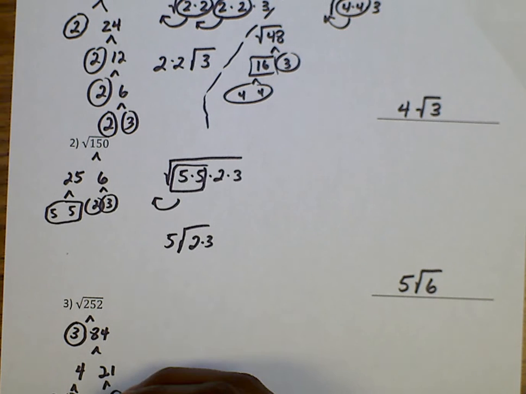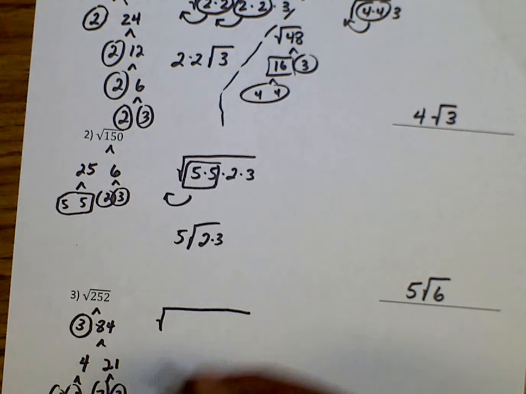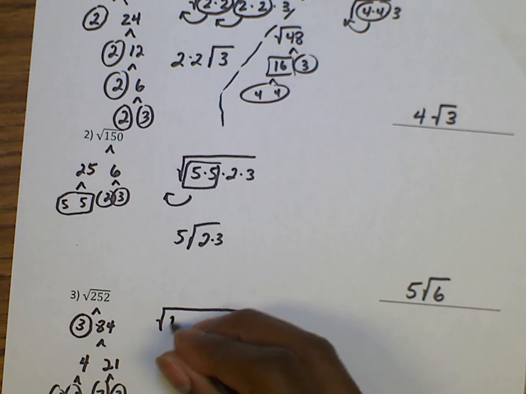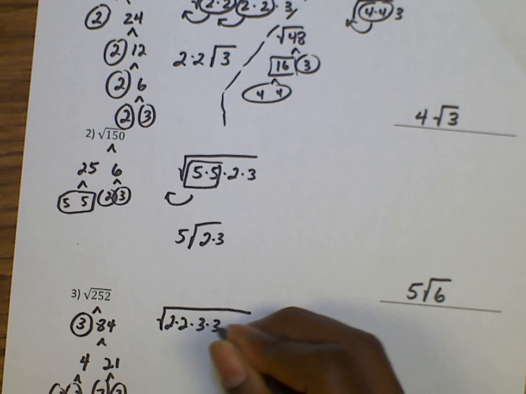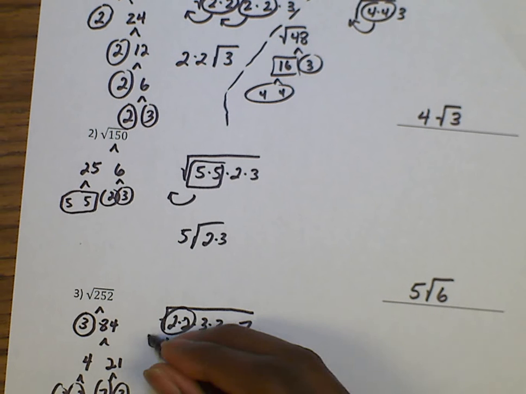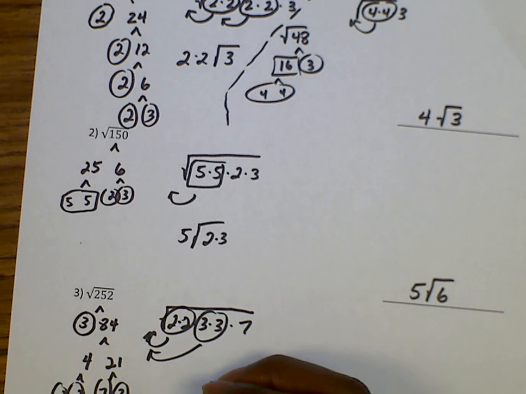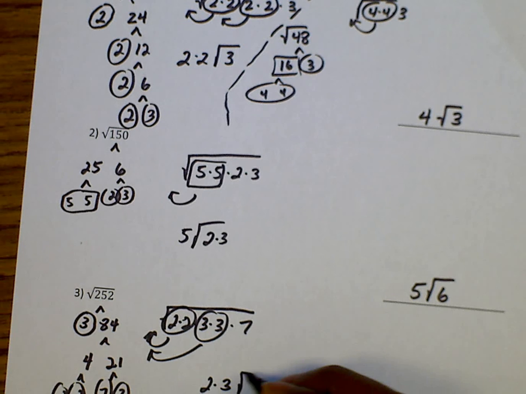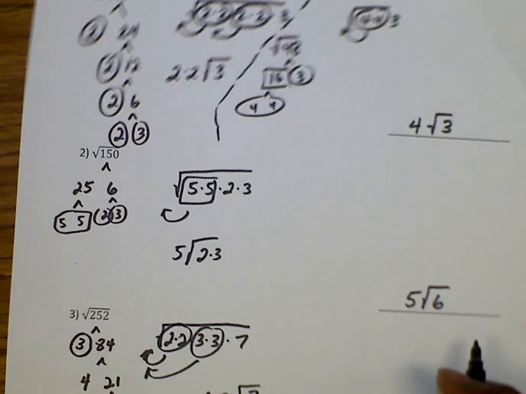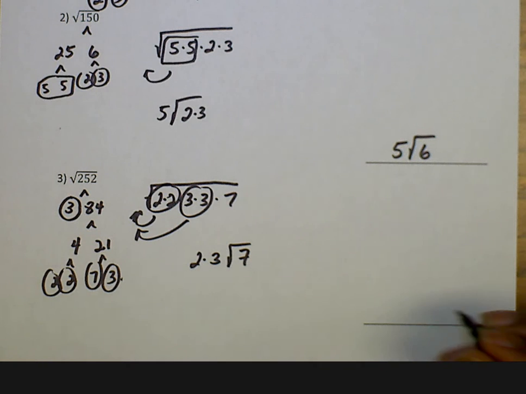Dead branches now. So as I look at all my circled branches, my dead ends of the tree, I've got 2 times 2 times 3 times 3 times 7. 2 2's, 2 3's, and a 7. So 2 goes on the outside, 3 goes on the outside, 7 doesn't have a pair. 2 times 3, those are the numbers I brought to the outside. 7 inside. So 2 times 3 is 6, 6 radical 7.